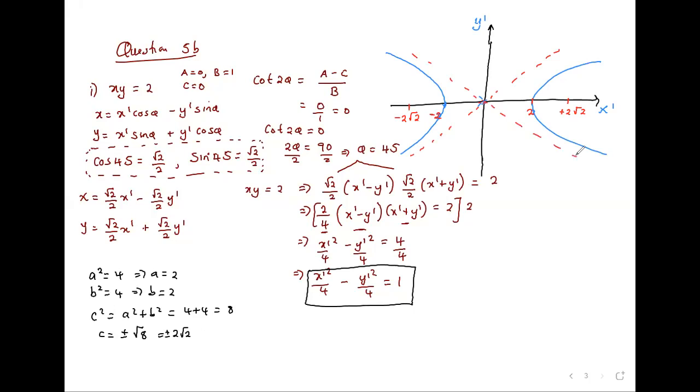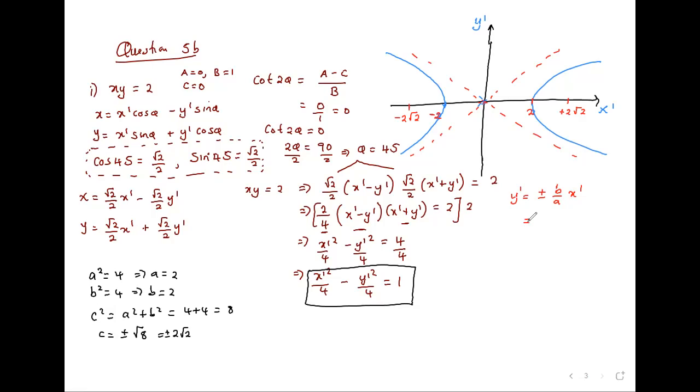So we have the equations. y is equal to plus or minus, because it's on the x, that is b over a x prime. So this is y prime is equal to plus or minus b over a x prime, because our axis now is x prime, y prime, not the xy plane. So b is known. What is b?